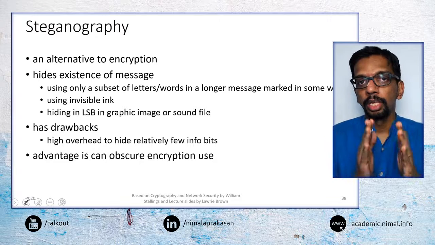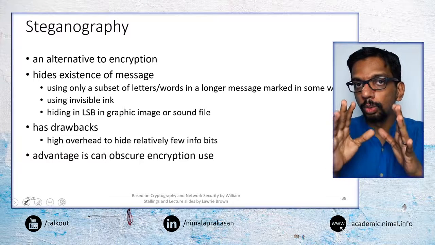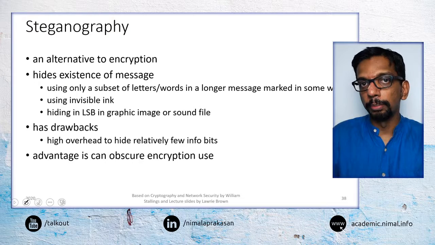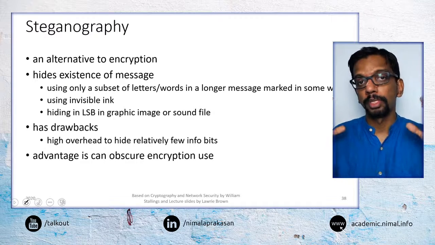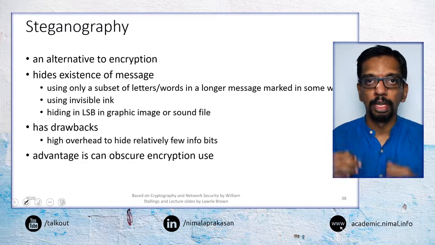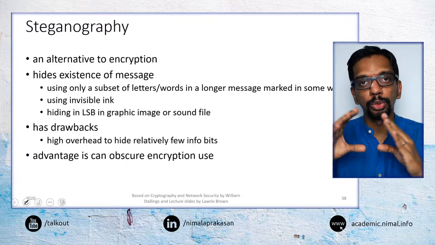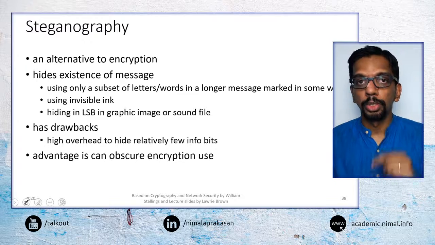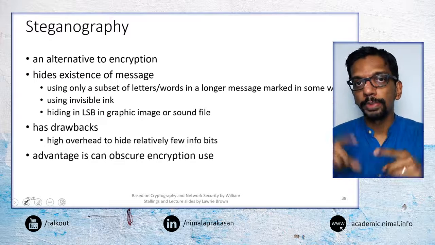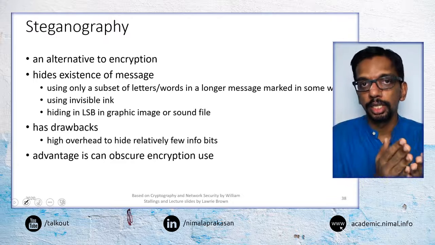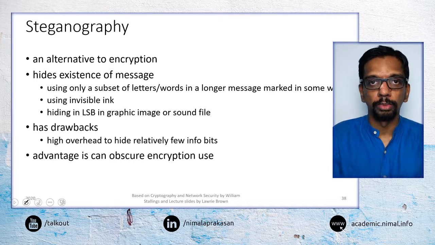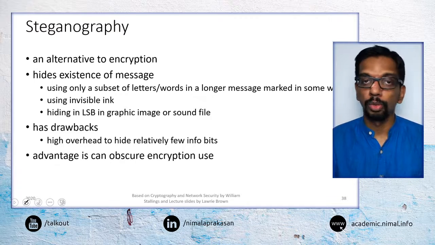Because sometimes the problem is not that you use encryption and other people break it. Sometimes certain governments, for example, may not like their citizens using any form of encryption. In that case, if you use encryption, then that in itself will be considered an offense, or you are seen as having something to hide. That could be a problem.